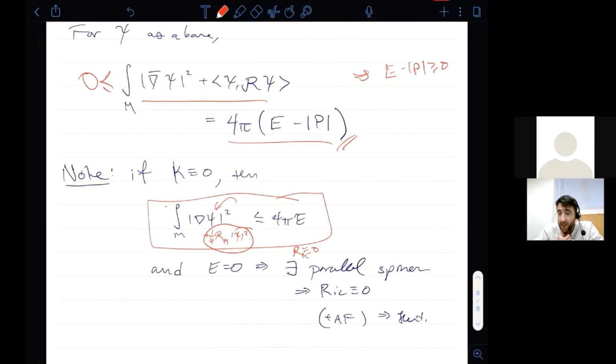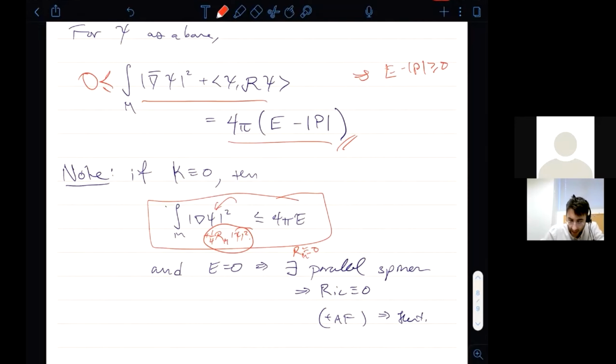So in particular, you have to be Ricci flat. And it turns out if you're Ricci flat and asymptotically flat, you have to be flat. You could think of that as some kind of version of elliptic regularity for the curvature tensor. But you could establish that with the Bishop-Gromov volume comparison or a number of different tools. But yes, Ricci flat plus asymptotically flat will tell you that you're flat.